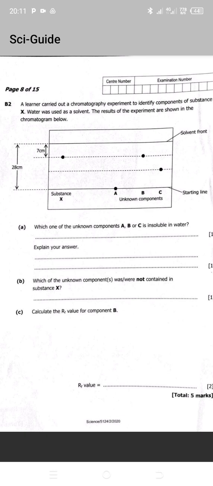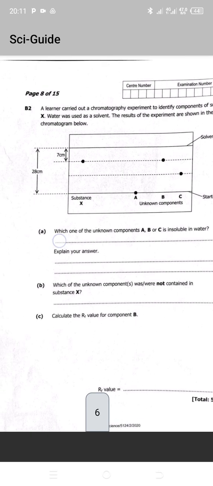We know from the starting line to the solvent front it is 28 centimeters, and from B to the solvent front it is 7 centimeters. So in order to know the distance from the starting line to how far component B has moved, we say 28 centimeters minus 7 centimeters.